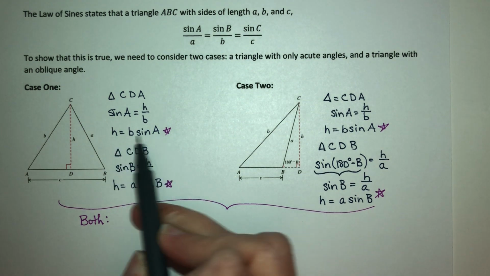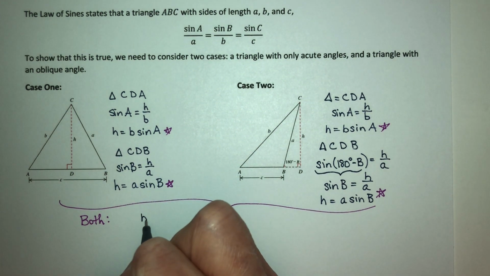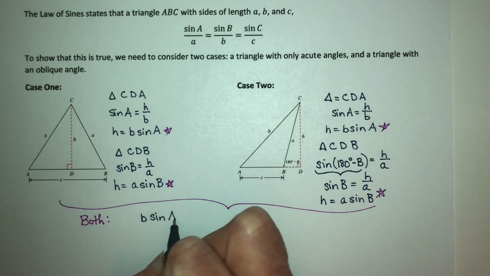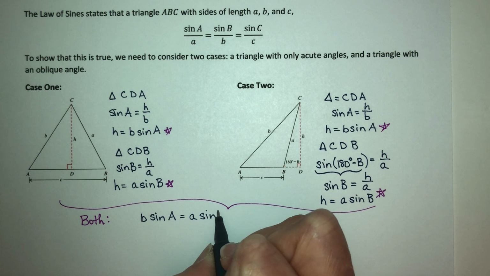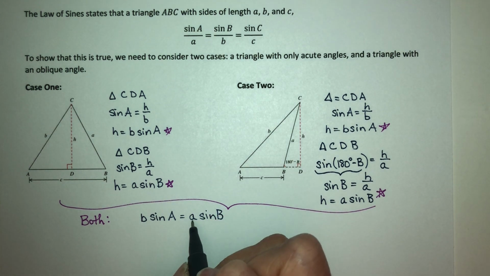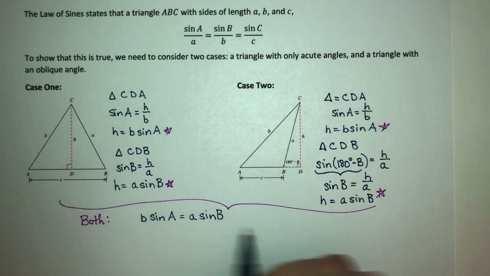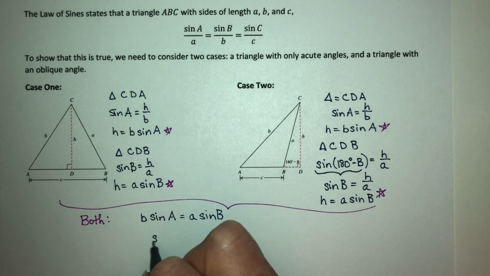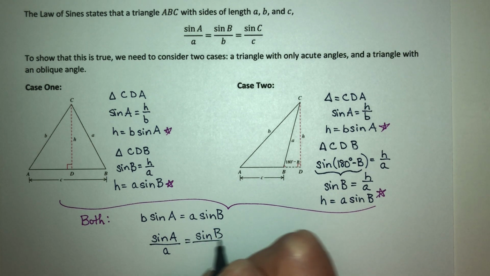We set this h equal to this h. So I have b sine of A is equal to A sine of B. And then it's nothing, just divide both sides by A, both sides by B, and you end up with sine of A over A equals sine of B over B.